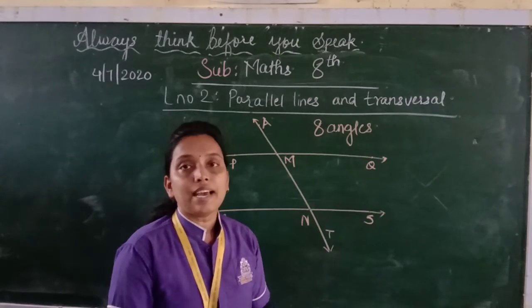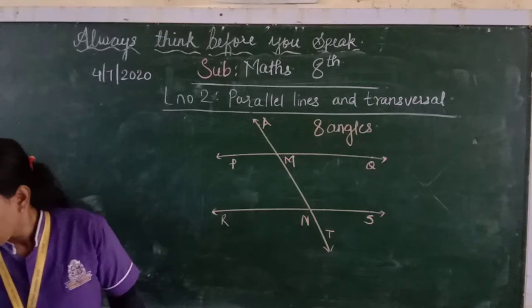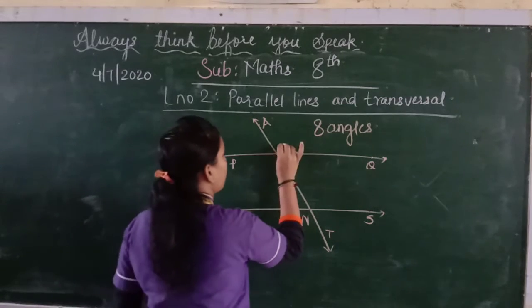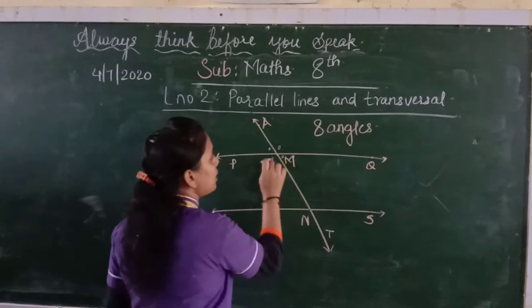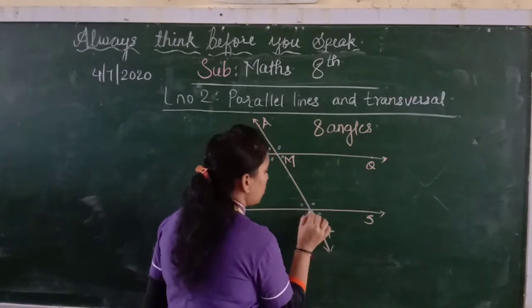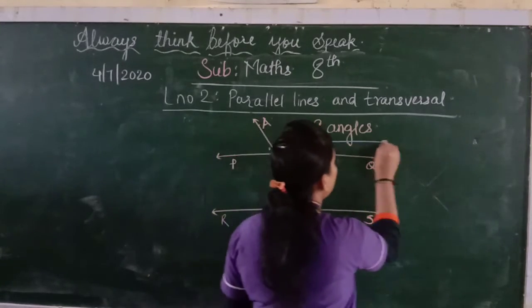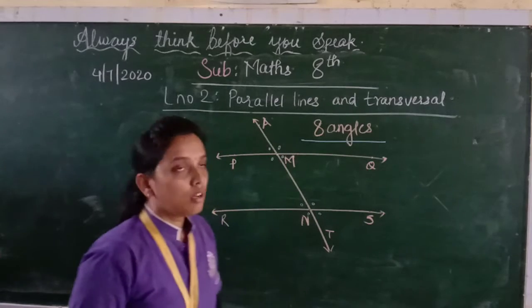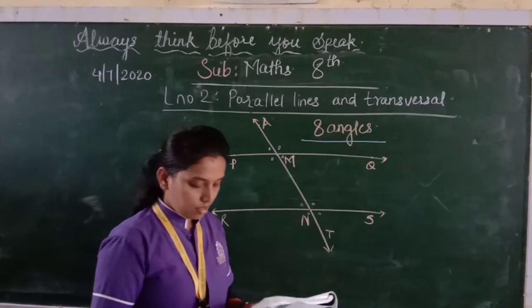Hence there are 8 angles in all. So if you can see over here, 1, 2, 3, 4. Here there are 4 angles formed, and here 1, 2, 3, 4. So here 4, downside 4. So a total of 8 angles are formed by a transversal and 2 parallel lines.